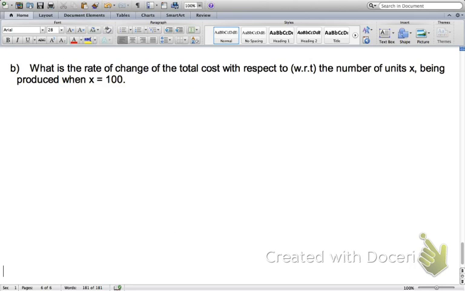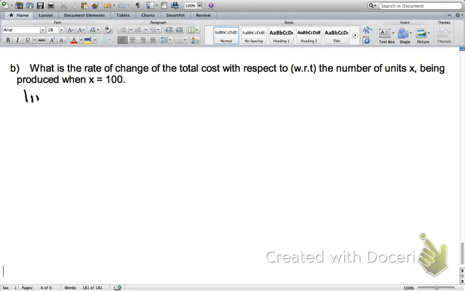In part B, it asks, what is the rate of change of the total cost with respect to the number of units x being produced when x is equal to 100? Again, since we are only given one value of x, we know that this is going to be an instantaneous rate of change. So again, we'll be looking at the limit as our h value approaches 0.